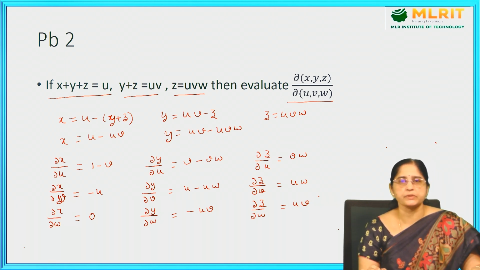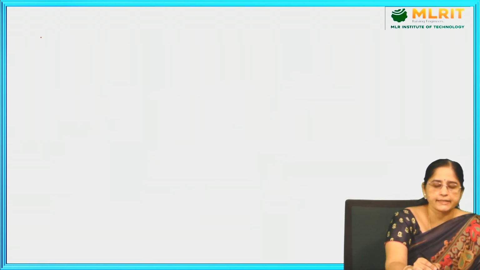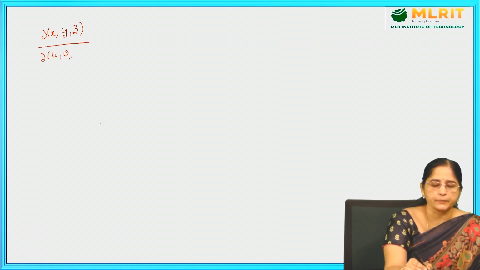Next, we have to use the definition of the Jacobian. So ∂(x,y,z)/∂(u,v,w).